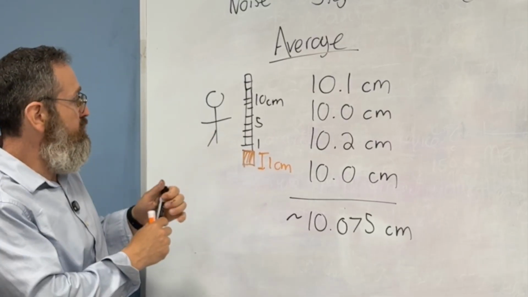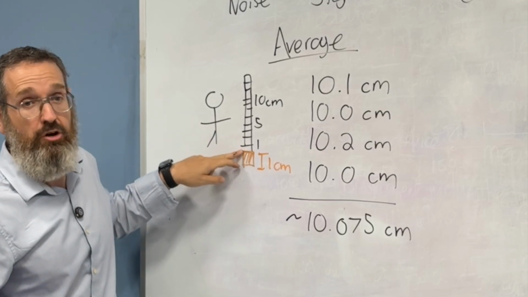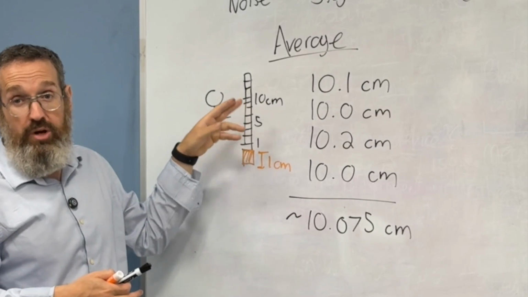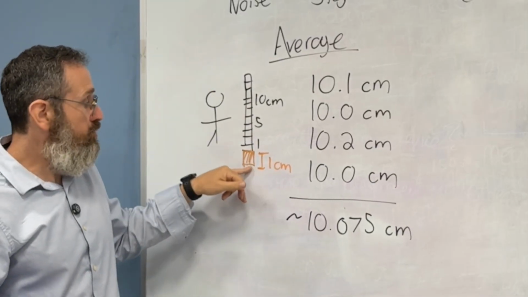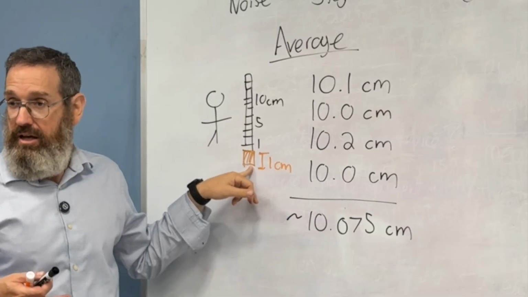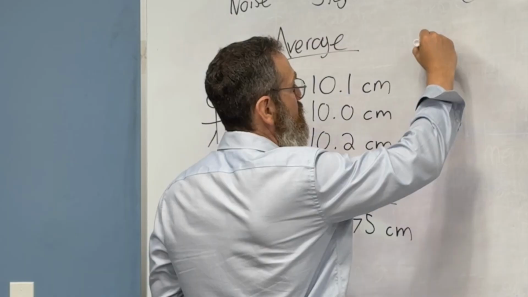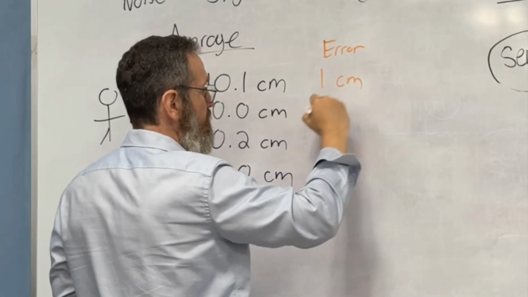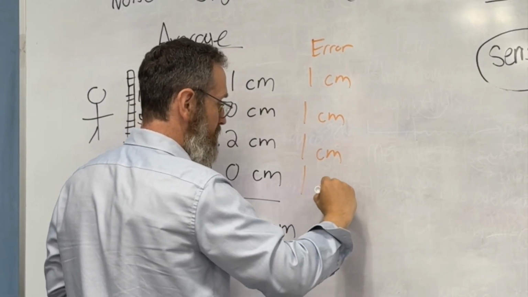So even if their height was exactly 10 centimeters, because the ruler started 1 centimeter off the ground, you would have measured 9 centimeters, right? Or in this case, if their height was 11 centimeters, the ruler had an error in it, right? So the error here that it added, let's write error, was 1 centimeter. 1 centimeter, 1 centimeter, 1 centimeter.